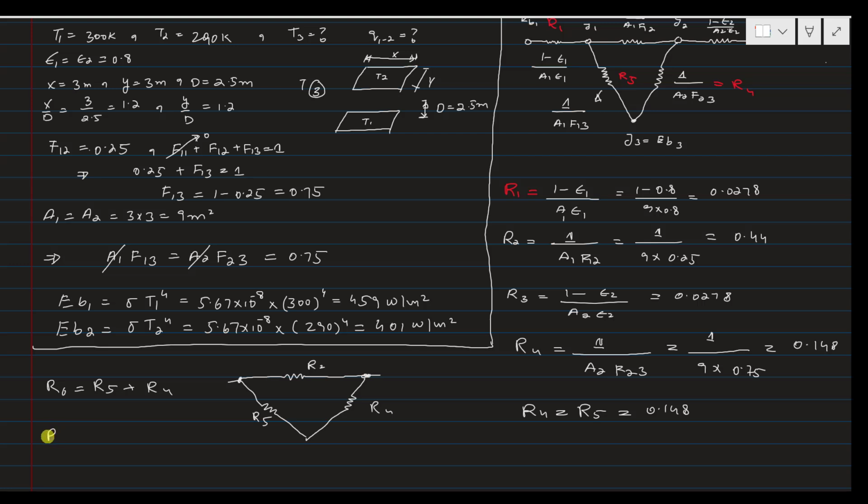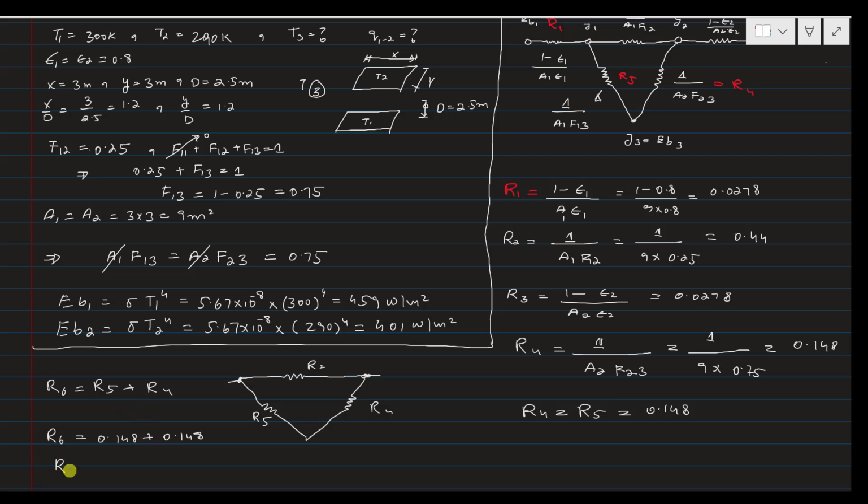I can say that R6 is equal to R5 plus R4, and R5 and R4 are equal, so it is 0.148 plus 0.148, because both of these resistances are equal to each other.